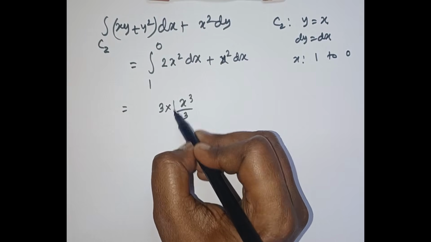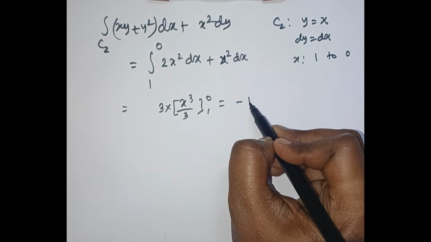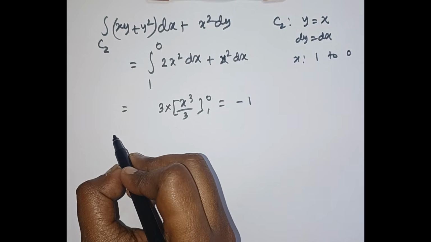Then 3 into x cube by 3, from 1 to 0. So it is minus 1.